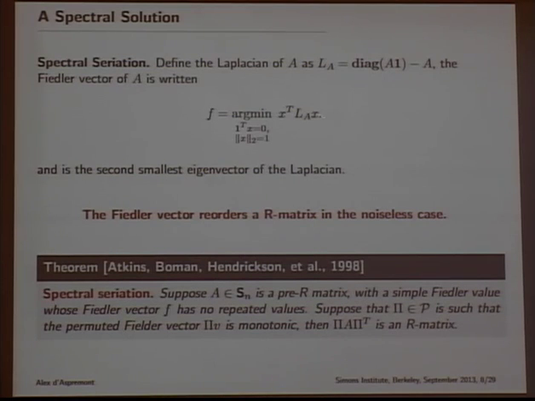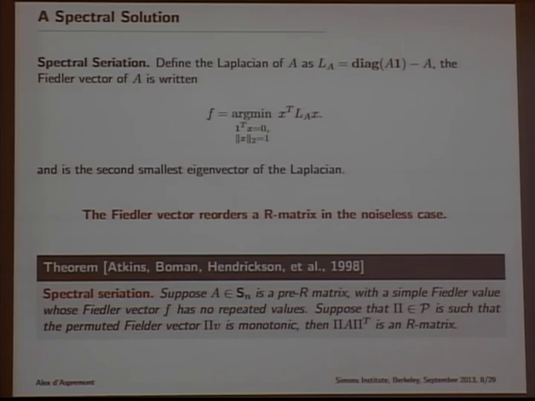So what you do is that you solve this problem that's essentially computing the second smallest eigenvalue of the Laplacian of the matrix A, okay? And it turns out that if you compute the corresponding eigenvector, the order of the variables in this vector also gives you the correct reordering that makes A an R matrix, okay?